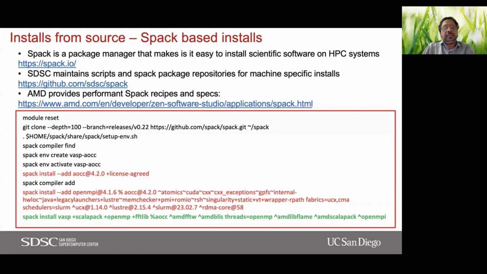And this is important because if you don't do this, it's going to install all of it from source also. And if that's incompatible with our drivers, you're going to see problems. So you should have those as external dependencies. Again, this is a little bit for an expert user. If you do end up in a situation where you need to do this, contact us on the support ticket, and then we can follow up and try to help you out.